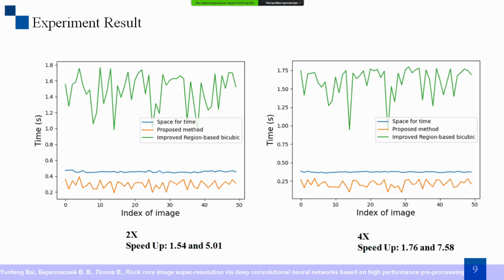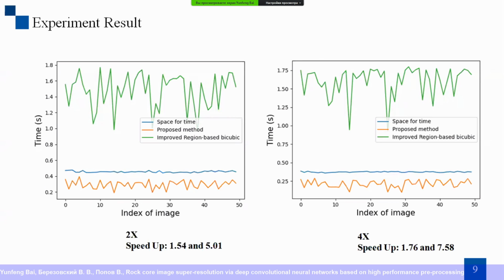And after that, we followed the standard process of deep learning. We put these data sets into the neural models for training.